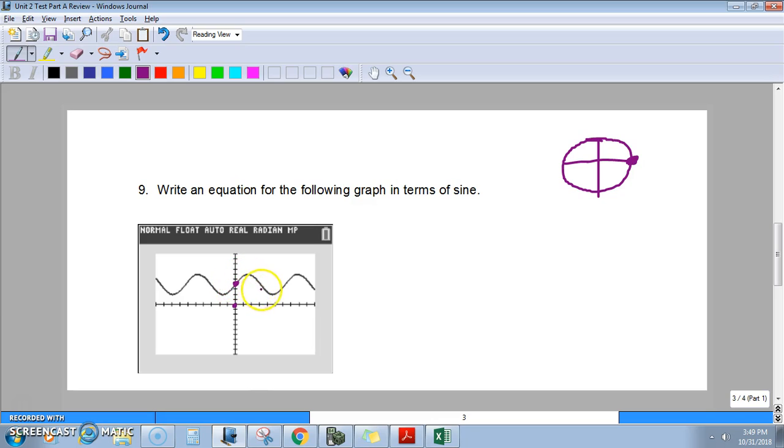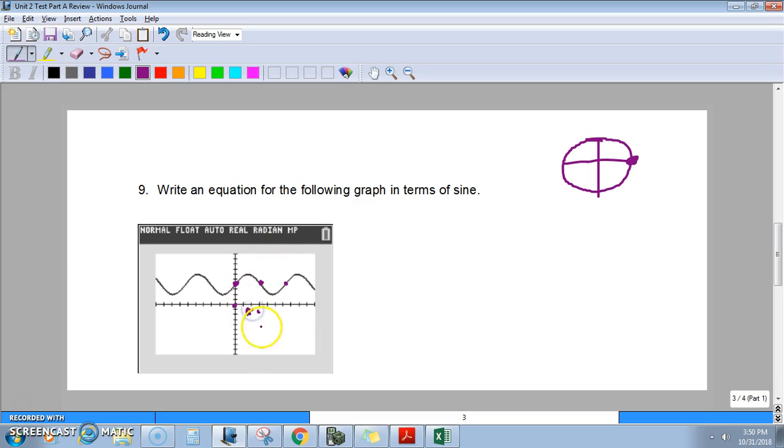And so here's the highest point it gets to. What's 1 revolution? Here. So 1, 2, 3, 4, 5, 6. Let's call that 6, and that way this will be our half point.